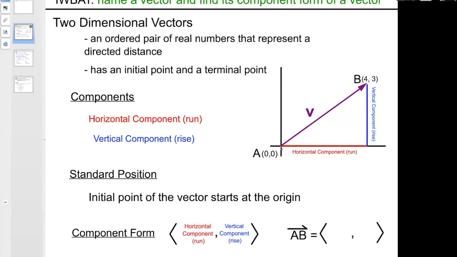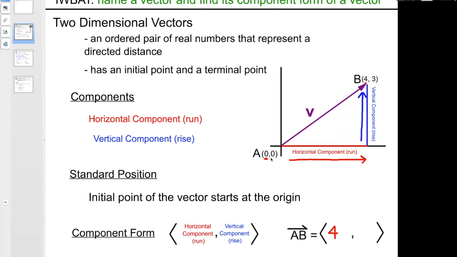In this case, since we're starting at 0 for the x and we're going to 4, the horizontal component, if you were to literally count that, would be 4 units. And since it's going to the right, that's a positive movement. Then the vertical component would be how long this blue line is here, and this one is going up, so that's going to be positive as well.